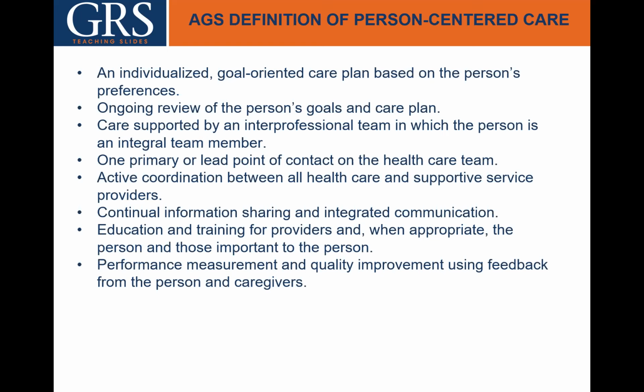It contains something we talked about before in those new models, like providers give the patient an individualized, goal-oriented care plan based on the patient's preferences, and it also focuses on ongoing review of the patient's goals and care plan, like a continuum, and continued information sharing and integrated communication with the patients. So basically, this is all the information included in this kind of care plan.